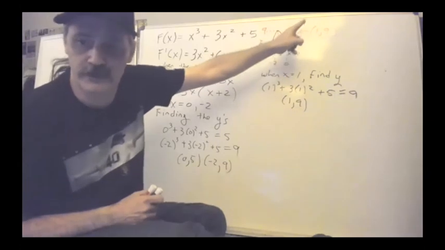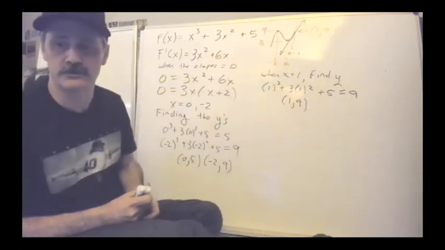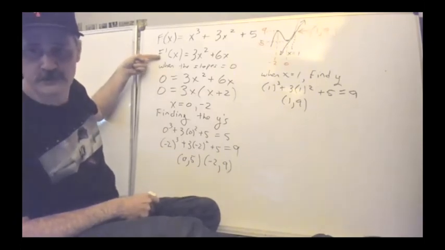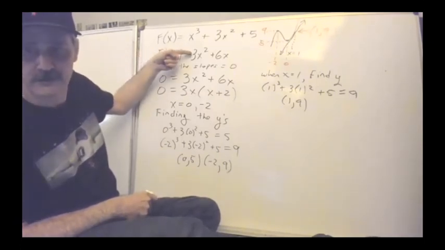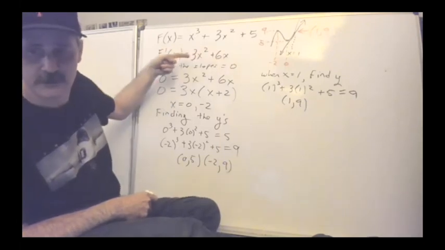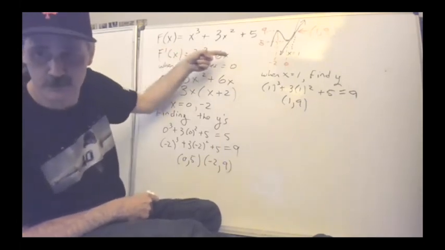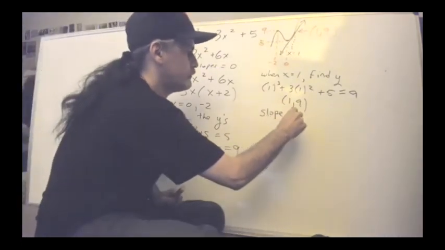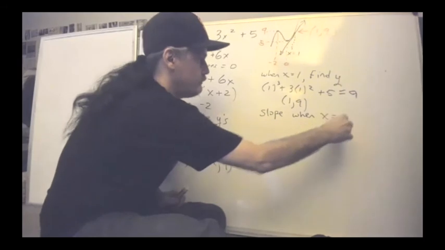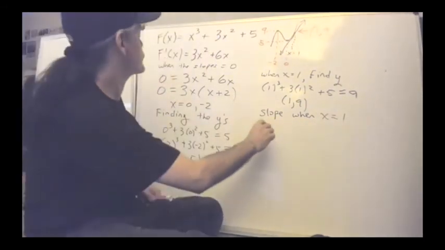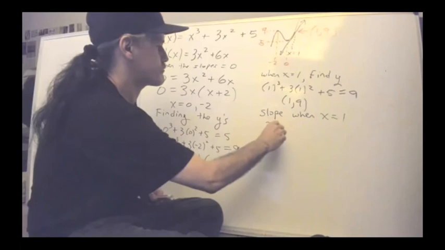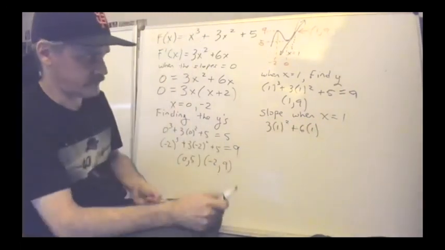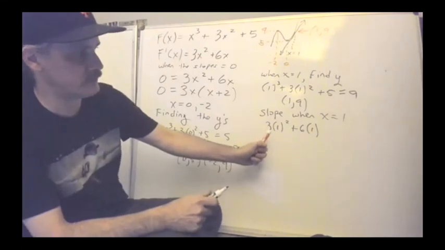In order to find the equation of the tangent line, we need to know the slope. Here's our derivative function that will give us the slope of the tangent line for whatever x. So now we just have to replace the x in the derivative function with 1. So the slope when x equals 1, okay, this is going to become, I think, 9.